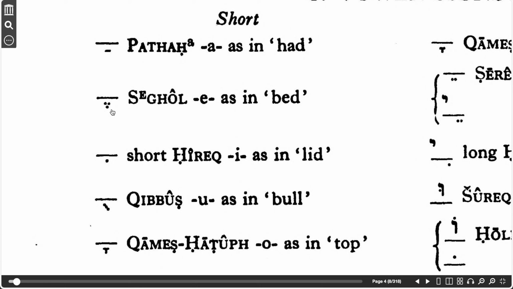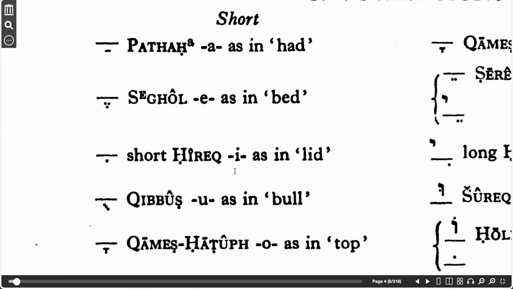But I just want you to be aware that pathak is an A sound. The E sound, short E, segol, segol. Then you have the short I sound. So vowels are A, E, I, O, and U, right? So there's Hebrew equivalents to these sounds.